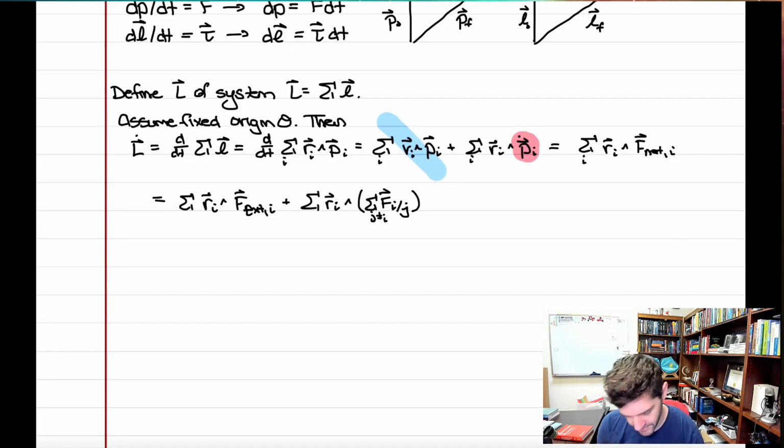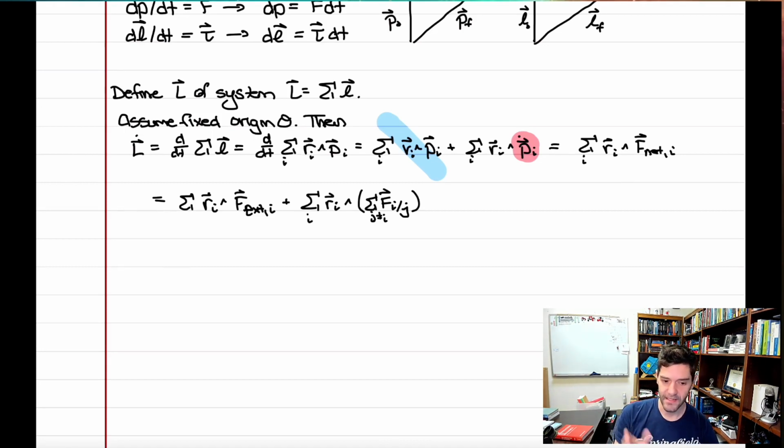But we have to be careful now, because since the cross product involves the position, it is not the case that across different particles, where there's F on I from J, there will always be F on J from I. Somewhere in that big nested sum on the right, there is a term that looks like R sub I cross F on I from J. And the Newton third law pair comes in, but then that's the position R sub J cross the force of J on I. And while the forces are related by a negative sign, those two positions might be very different.